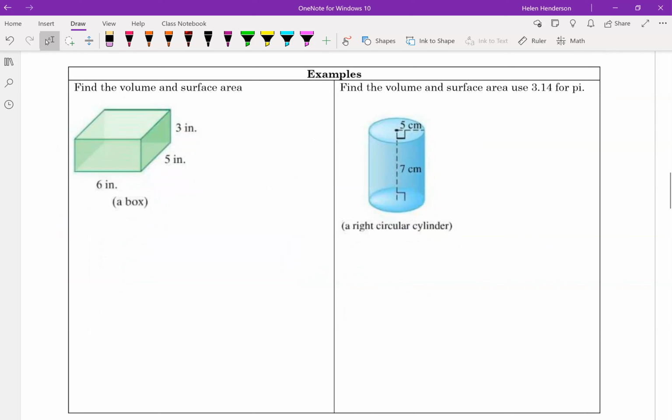Let's find volume and surface area of these figures. So here's figure 1. This is a box, right? And the base of the box is a rectangle.